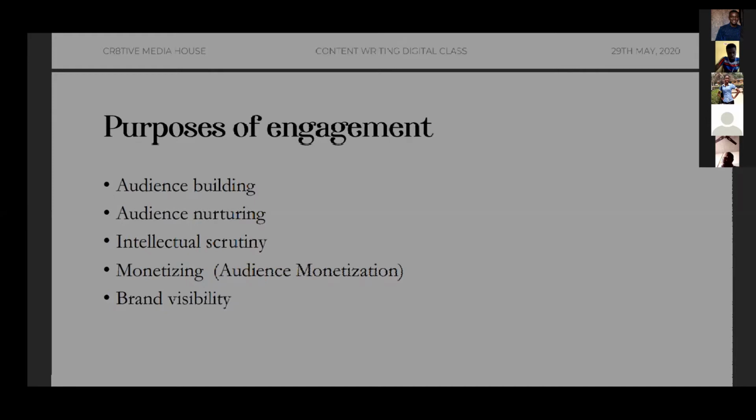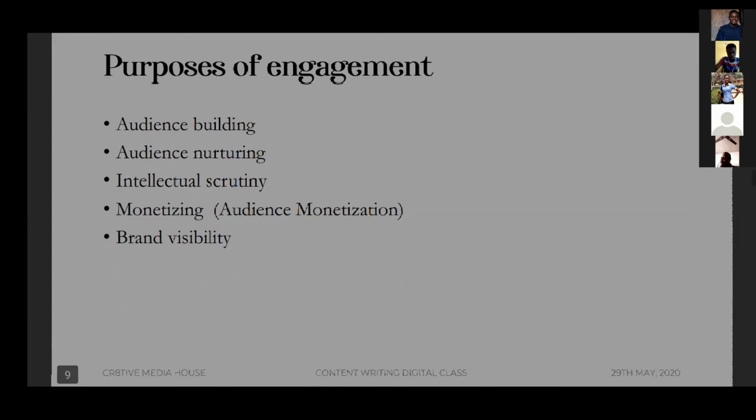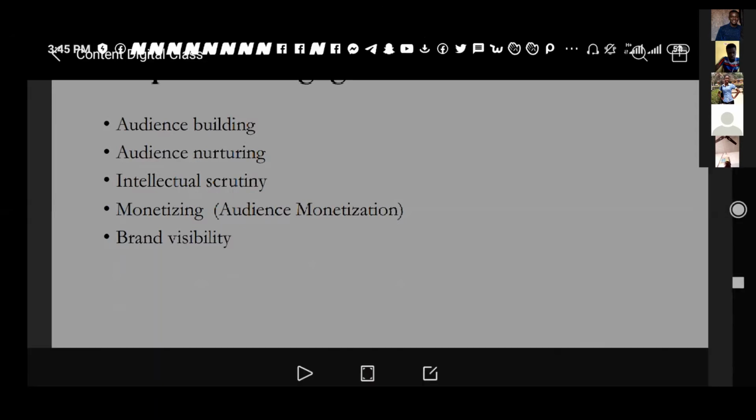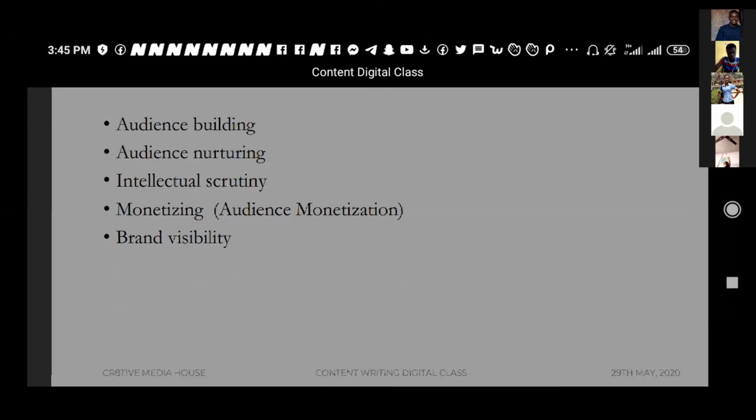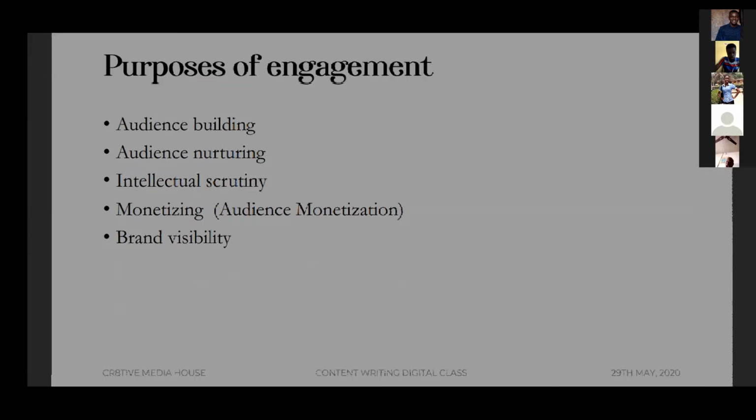It helps people to task their minds on a particular issue. Next is monetizing. Of course, a lot of us are always looking for opportunities to write content which would make money. Then finally on this slide is brand visibility. You have a brand you want to expose, you want to bring to the limelight, so to say.